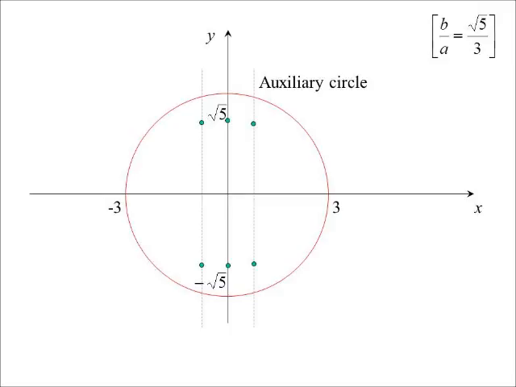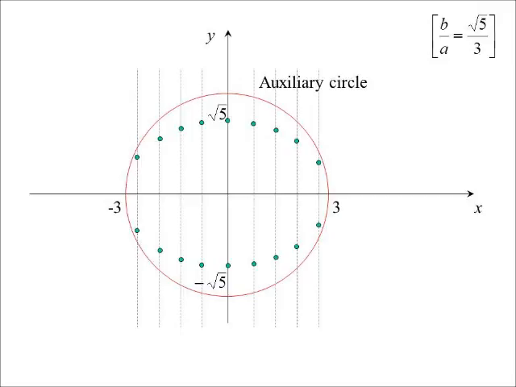I can draw in another one, multiply by √5 on 3, there's a point. How cool is that? Look, you can see the ellipse coming along. And you keep going and keep going. And then there it is. Ta!